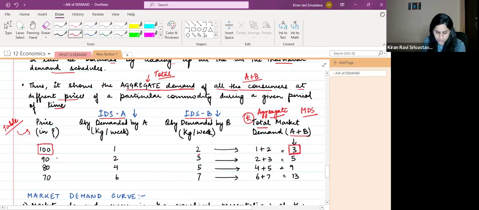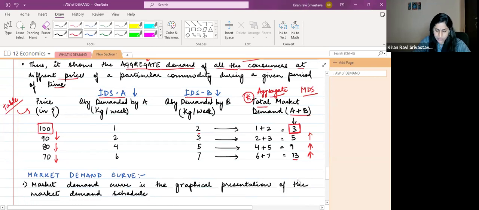Similarly, at 90 rupees, when the price falls by 10 rupees, the market demand increases by 2 kgs, so from 3 it becomes 5. You can see the inverse relationship: one is falling and one is increasing. That is the basic principle of demand and price. So at 70, the total market demand is 13 kgs. Now we will come to the next part.